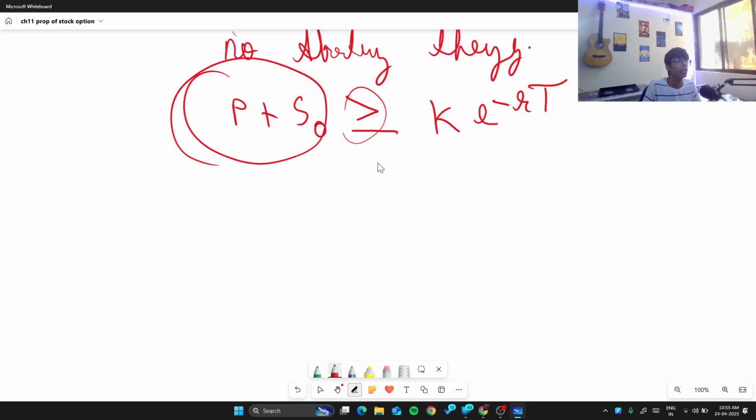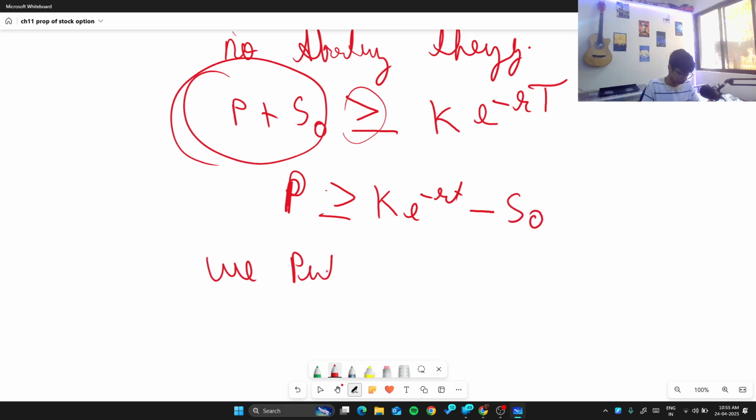Let's rearrange it to a value of put greater than or equal to K e to the power minus RT minus S0, and we know that the value of put can't be negative.